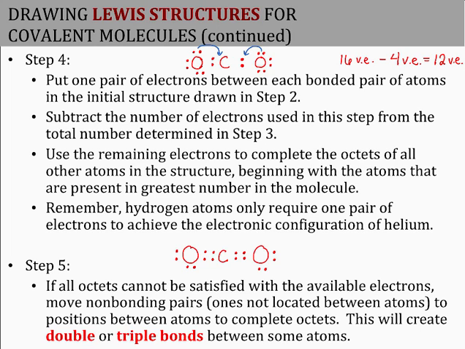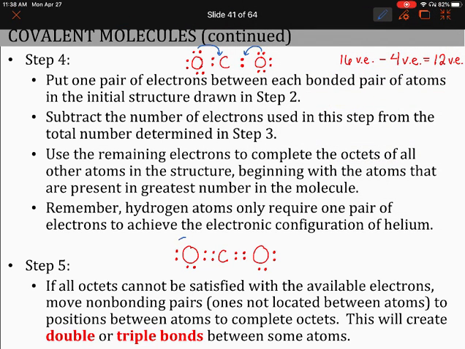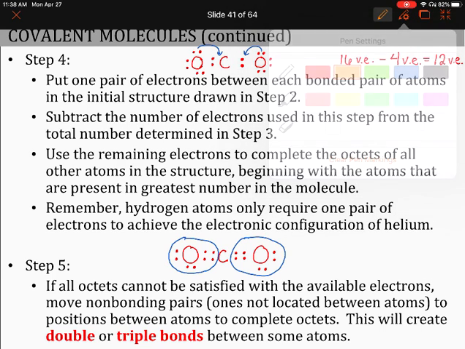So each oxygen still has 8 electrons as well. So if we draw circles around what each oxygen owns or co-owns, we can see that each oxygen has 8 electrons. So 2, 4, 6, 8, 2, 4, 6, 8. And then carbon also has 8 electrons. So now all of the octets are satisfied.